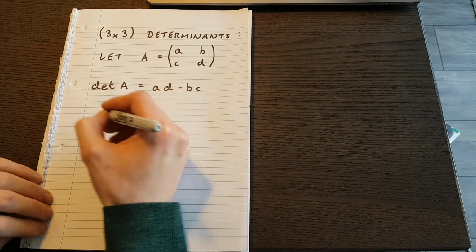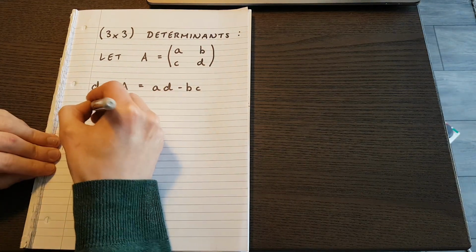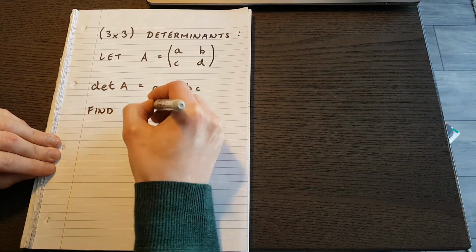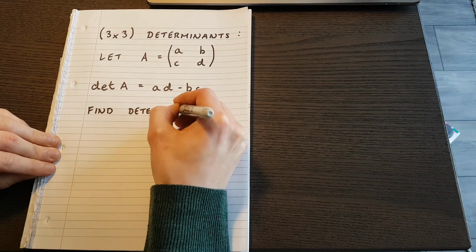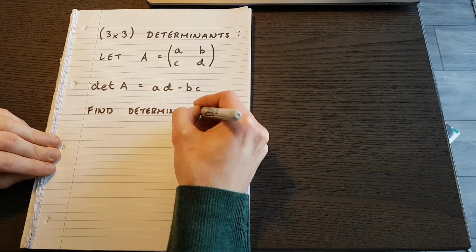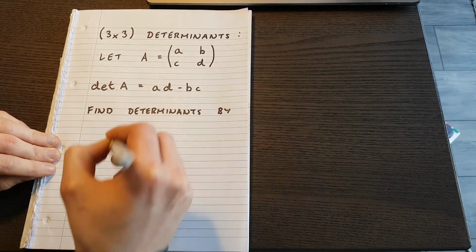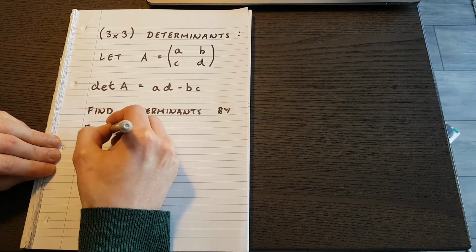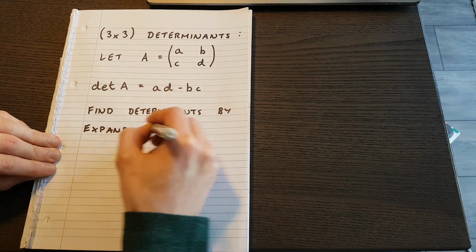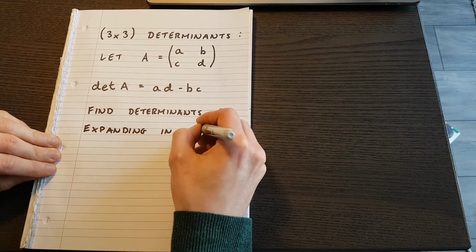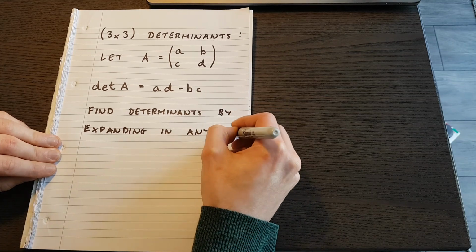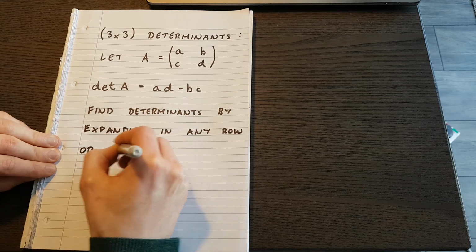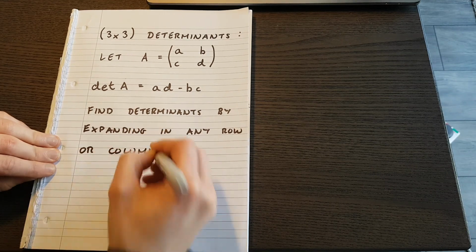We get determinants by expanding in any row or column. Any row or any column. And it always is the same form.